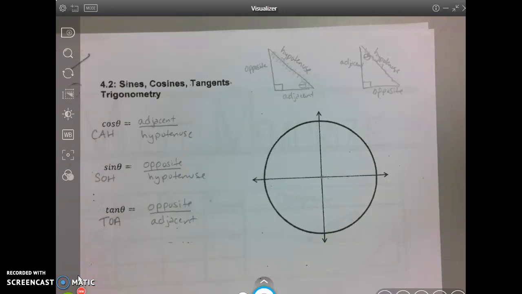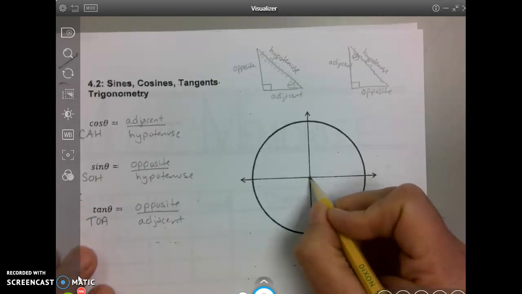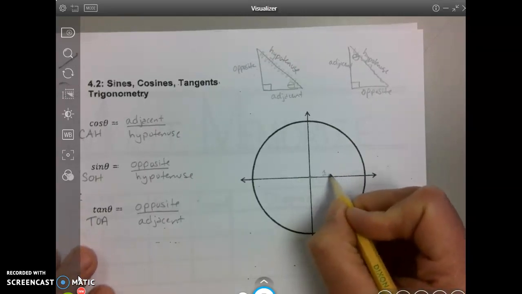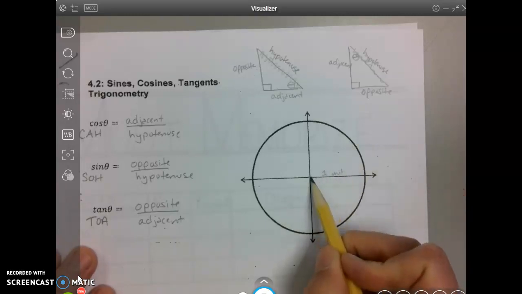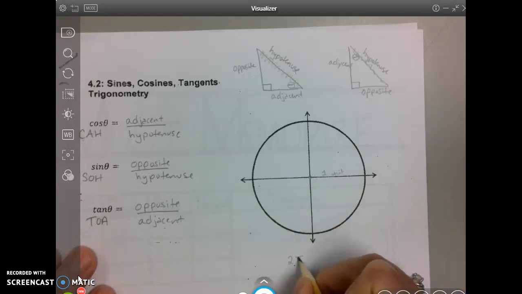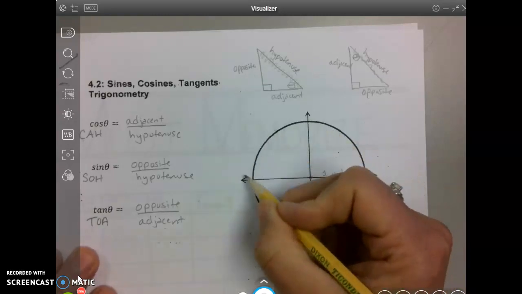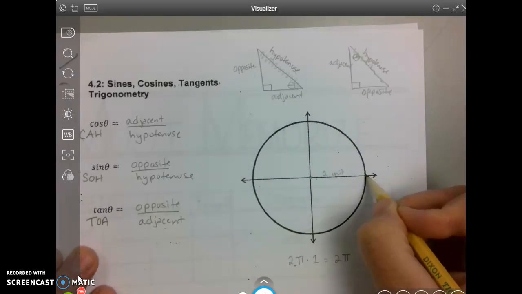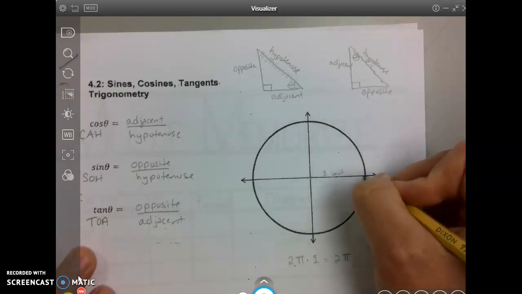Now, our unit circle is called a unit circle because the radius is 1 unit. So if I was to find the circumference of this circle, it would be 2 pi times 1, or 2 pi. And as we go around the circle, we always begin right here.